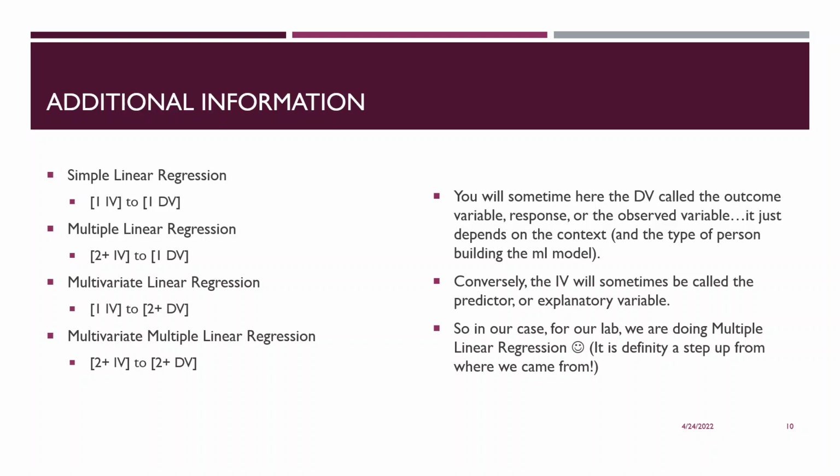That's where we have 2 or more IVs to 1 DV. Multivariate linear regression is where I have 1 IV to 2 or more dependent variables. And then there's actually multivariate multiple linear regression, so that's quite a mouthful. That's where it's multiple IVs and multiple DVs.